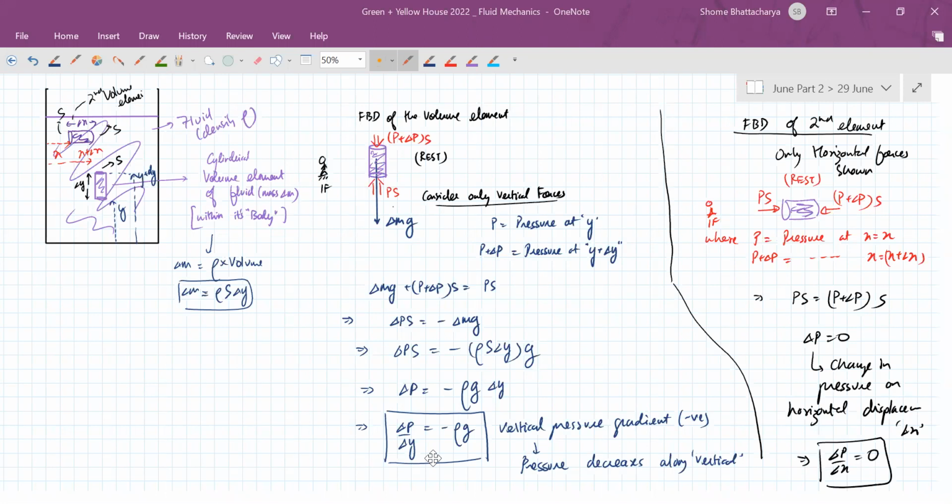So basically what causes the vertical pressure gradient is gravity, and why there is no horizontal pressure gradient is because there is no horizontal equivalent of gravity for this kind of a situation where the tank is at rest in a ground frame.